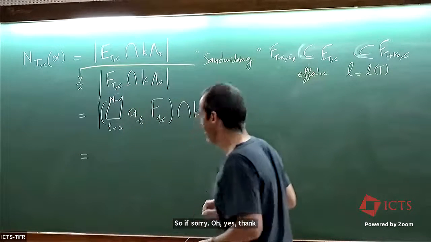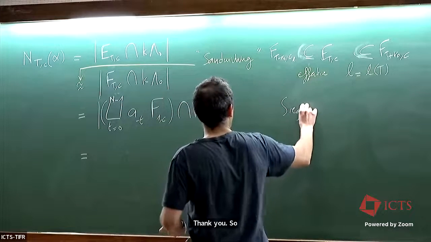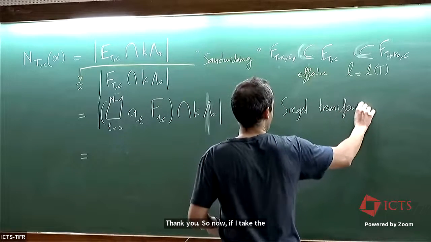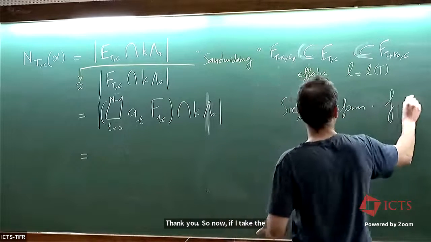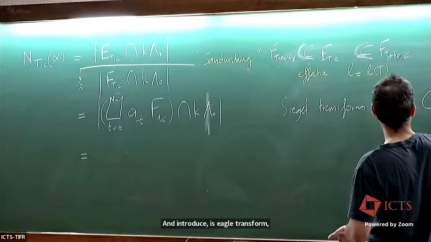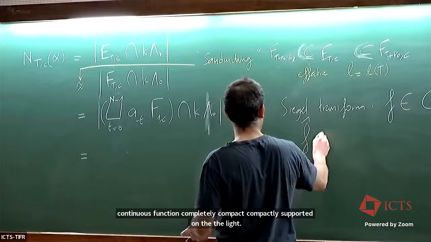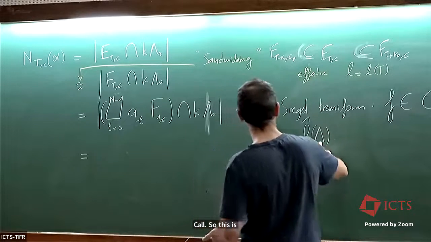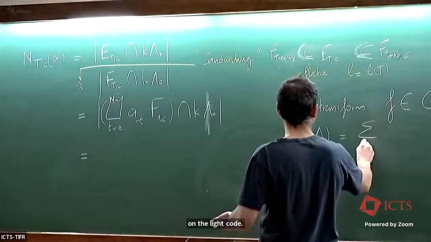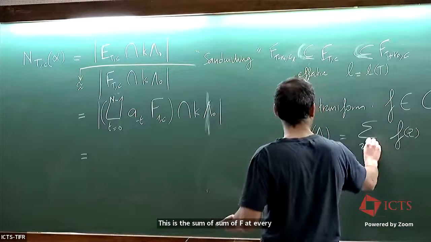So now I introduce the Siegel transform of a continuous, compactly supported function f on the light cone. This is f hat of the lattice lambda on the light cone, the sum of f over all points in the lattice.